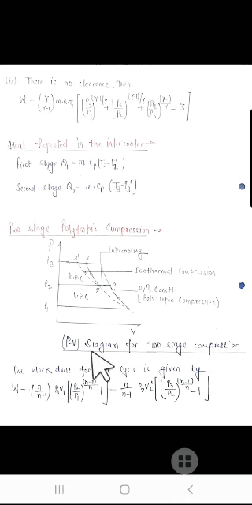So, the only difference is the value of n. If the compression occurs adiabatically, then in place of n we will put gamma.